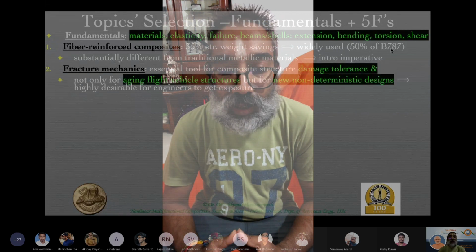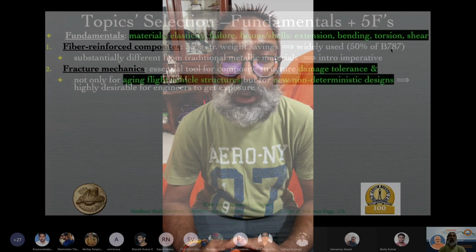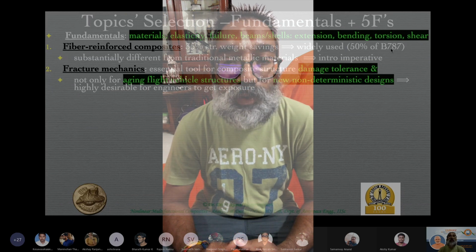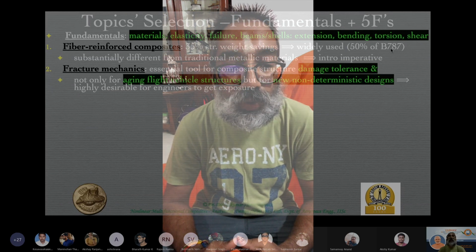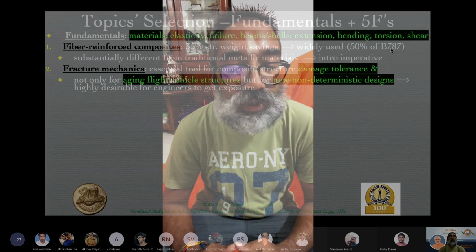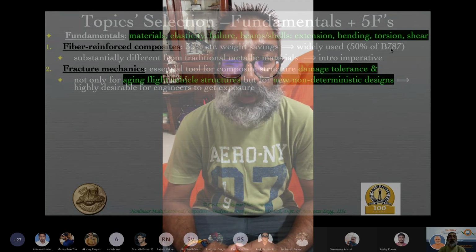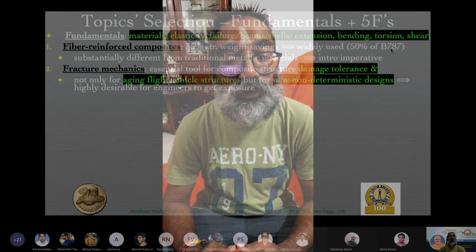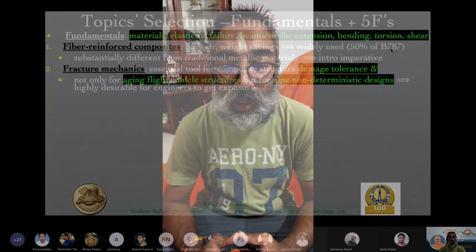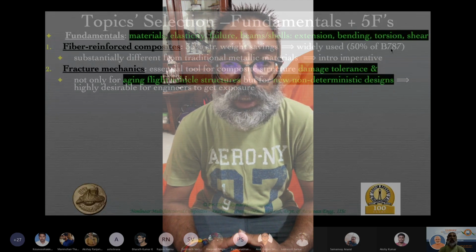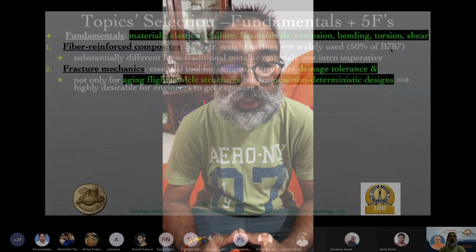The second F that makes this course a little more involved than an undergraduate course is the brief introduction to fracture mechanics that we will have as an essential tool for composite structure damage tolerance, because most designs today are damage tolerant designs.